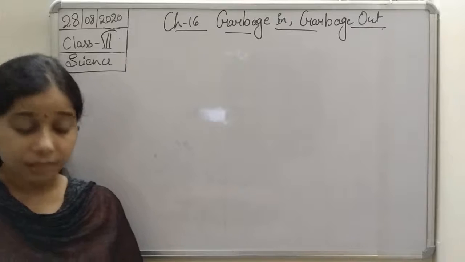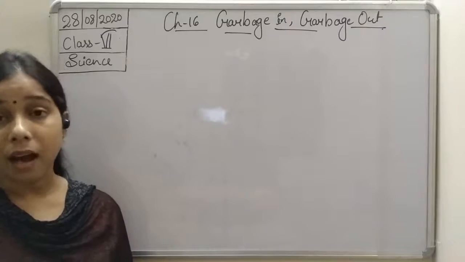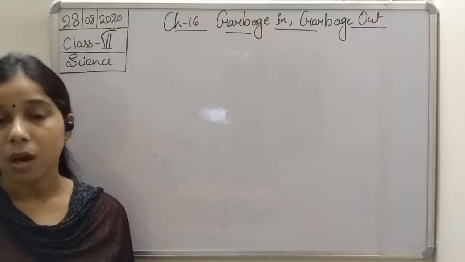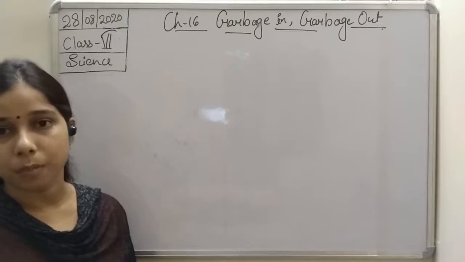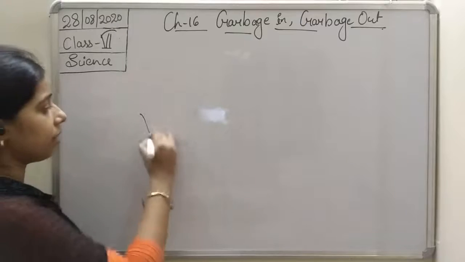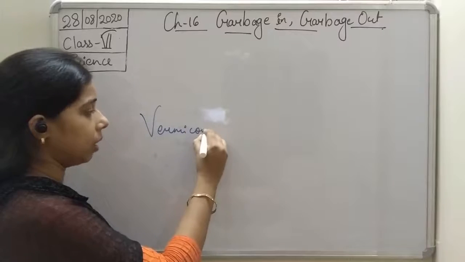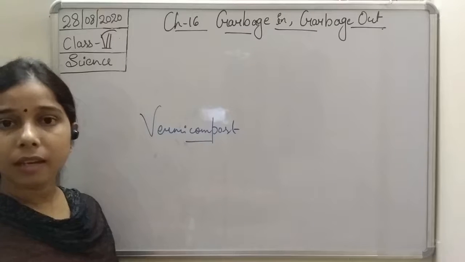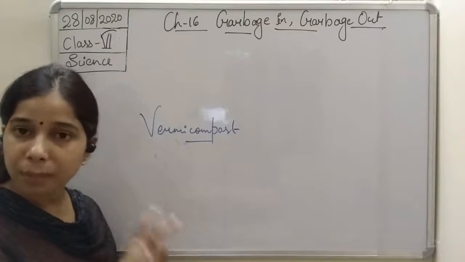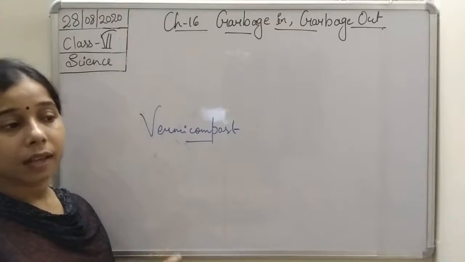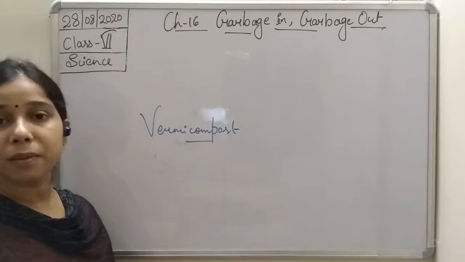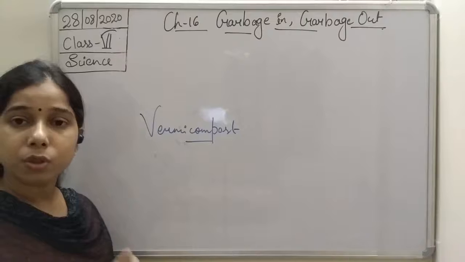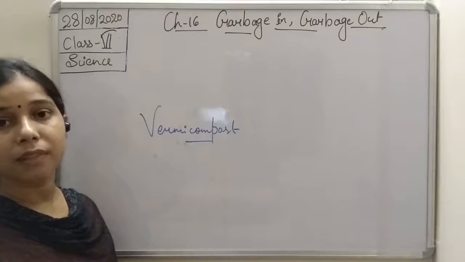We discussed what vermicomposting is and how it is a high quality manure, how it is different from compost, the different steps for making vermicompost, the precautions we should take while making it, as well as how vermicompost is a better manure to use in the soil in place of fertilizers.